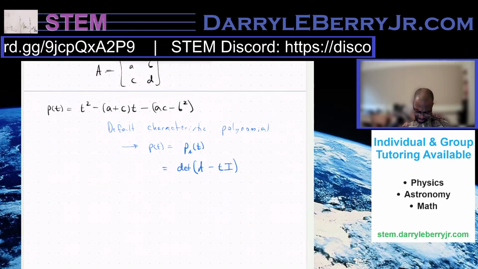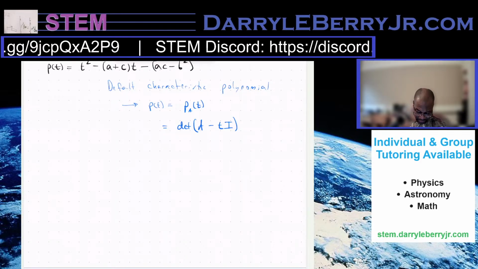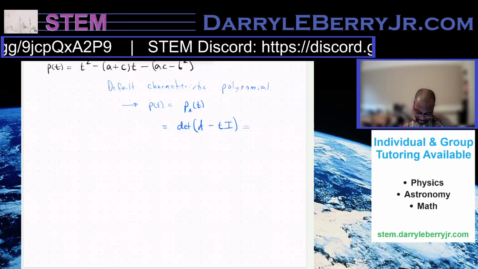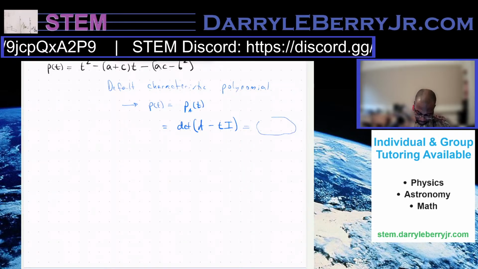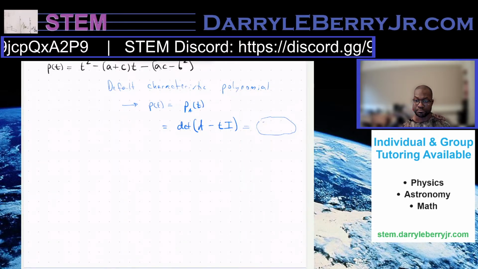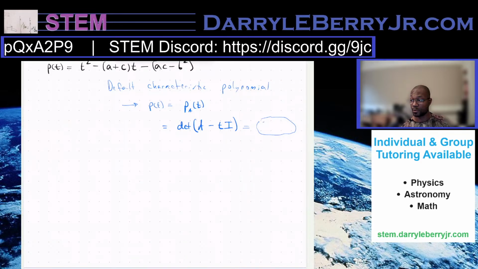So the characteristic polynomial is the polynomial we get when we solve this for a polynomial.